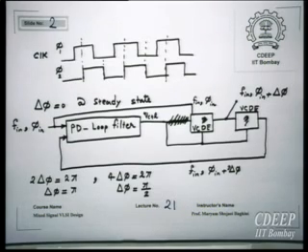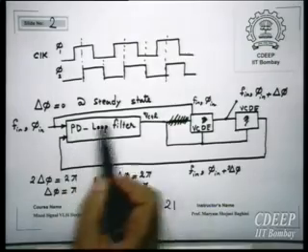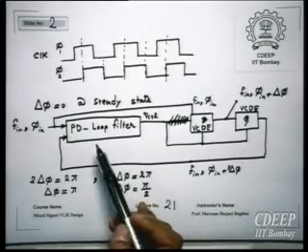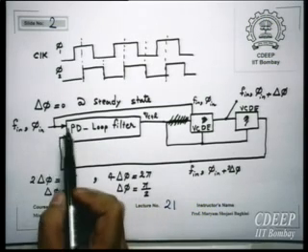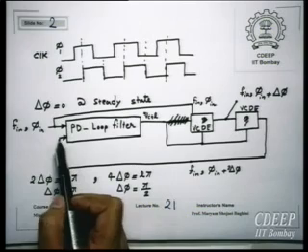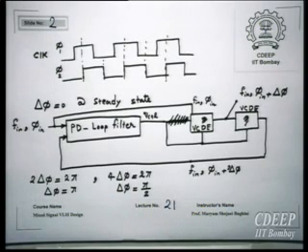The reason is because the total phase change across the loop will be 0. Instead of 0, I wrote 2 pi. Because if this is a type 1 system, then the difference between these two phases at the locked condition will be 0.